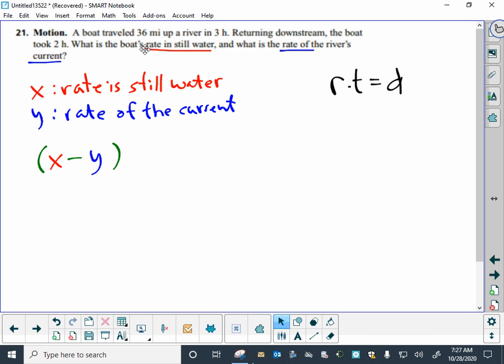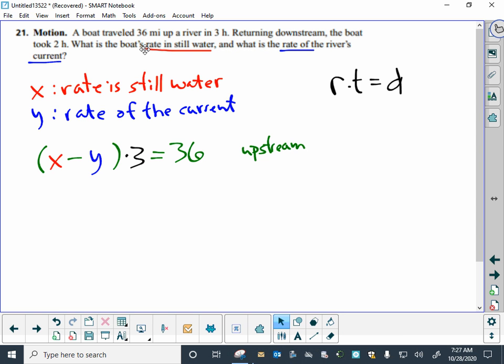Times the time, we know that took 3 hours going that direction. And the distance that got us is 36 miles. So if I was labeling this, I would say this is our upstream equation, where we're fighting the current.